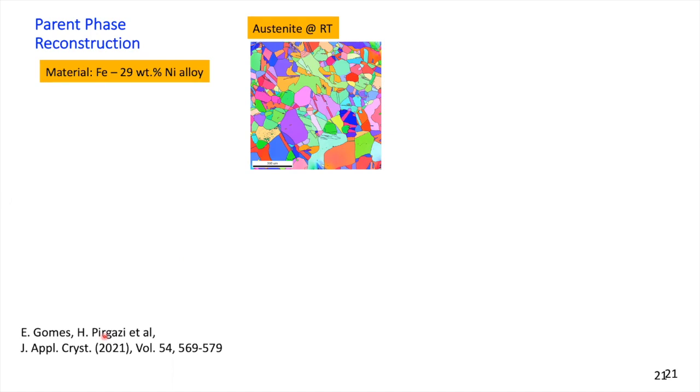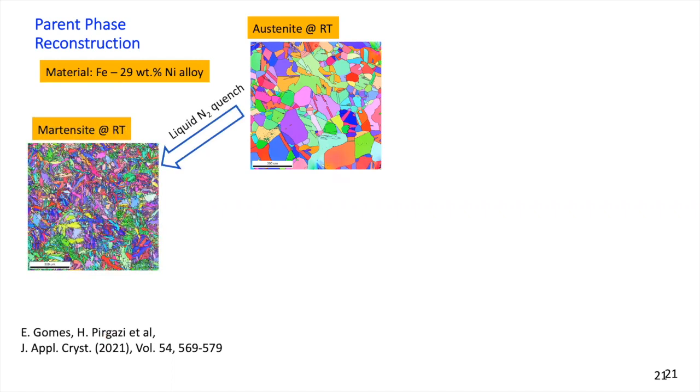And in order to validate this model, we validated it on an iron-nickel alloy, because iron-nickel alloy transforms below room temperature. So this is the parent austenite structure, but at room temperature. If you then cool it down to liquid nitrogen, you quench it, and you heat it up again to room temperature, then you see that this austenite structure has fully transformed to martensite.